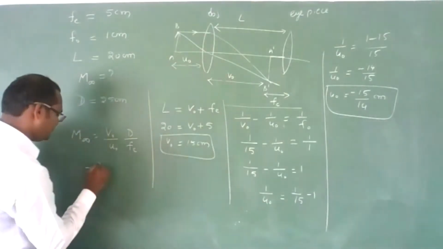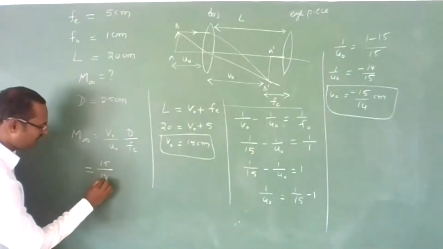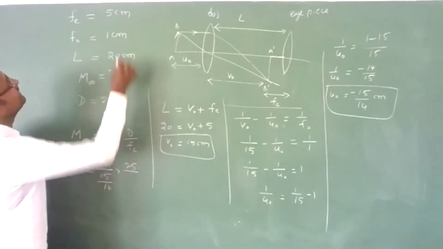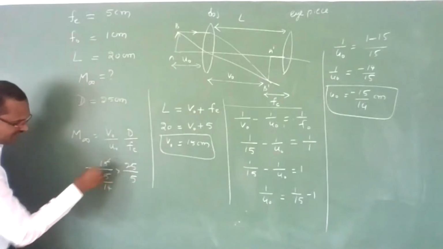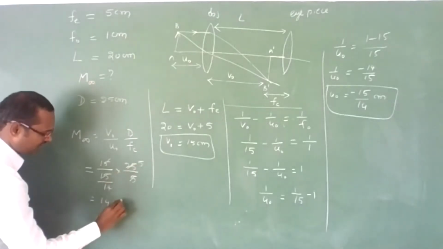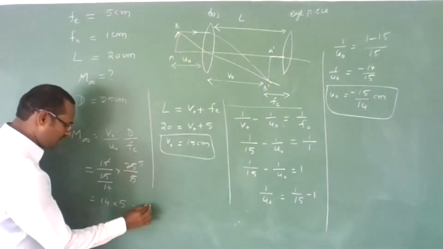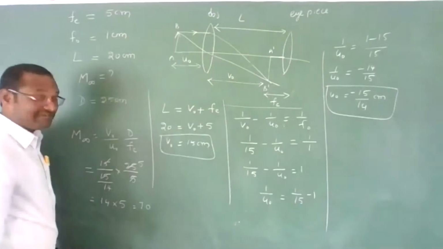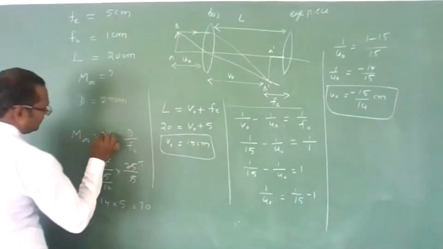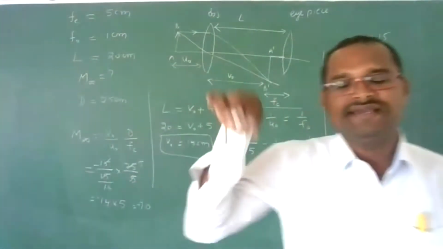V naught is 15 upon U naught, 15 by 14, into 25 upon Fe, which is 5. 15 cancels, 14 goes to the numerator, 14 into 5 is 70. 70 times it will be magnified. If you want, the negative sign also, the negative sign means this image will be an inverted image.